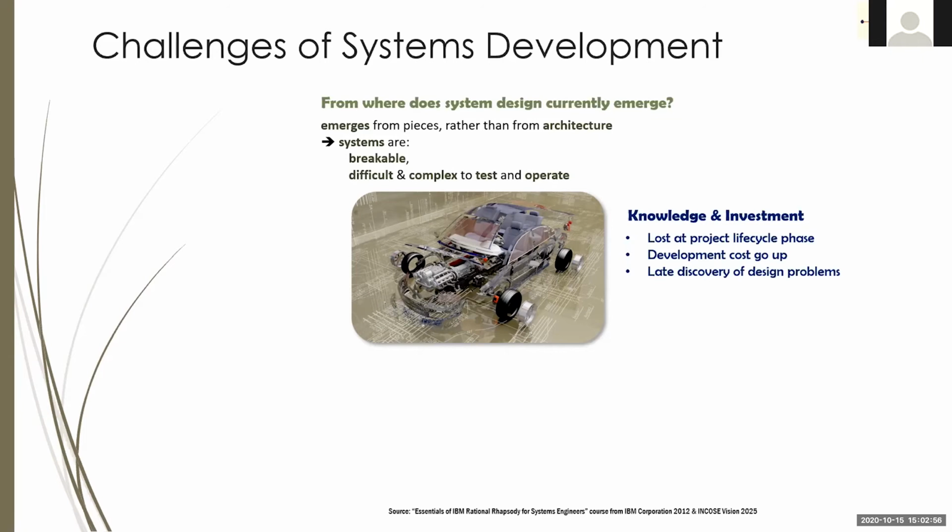So sometimes we lose information there. Sometimes we use different models between the phases. By doing that, and coming back from design to requirements without having complete models, the costs start going up. The other major problem is that we find the problems in those models very late.